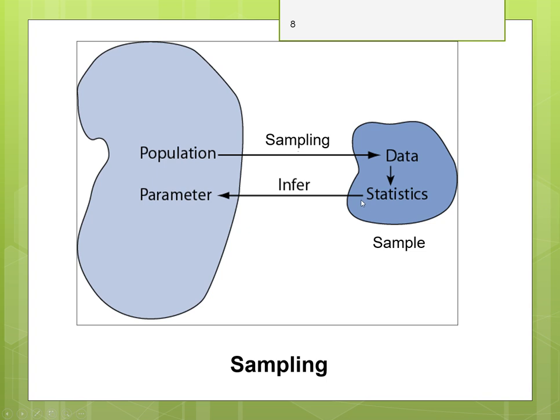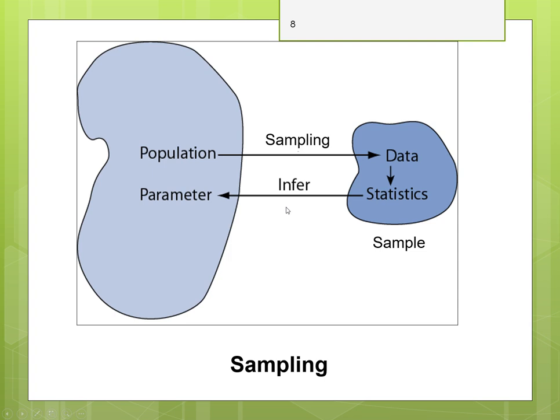This kind of value is calculated with the data of the sample, so we call it a statistic. Statistics can represent the property of this sample, but not the population. So we need some special methods to infer the property of the population with the statistics. So this procedure is statistical inference.